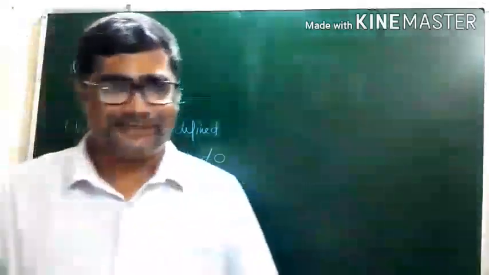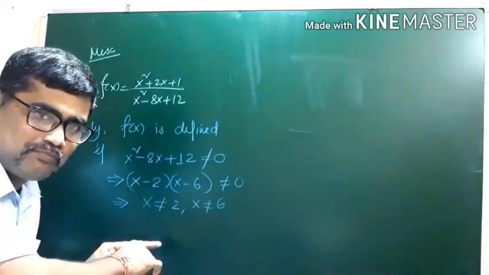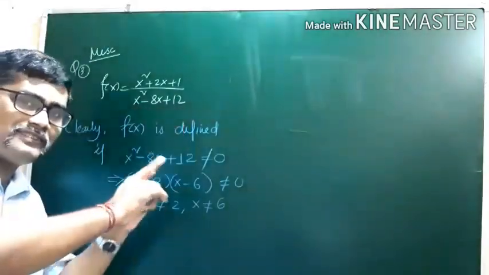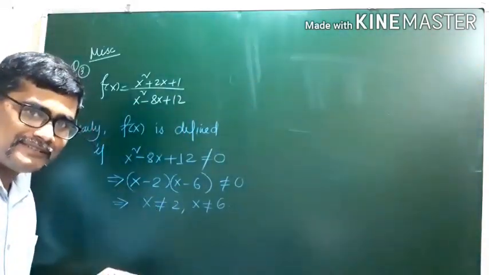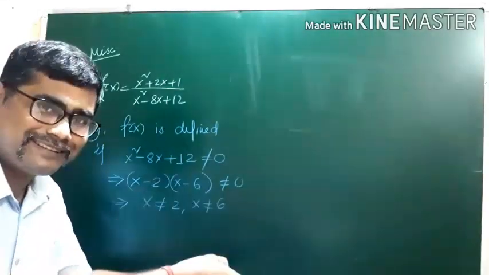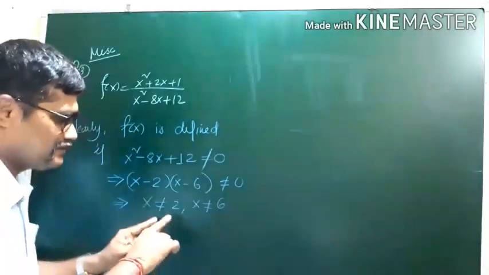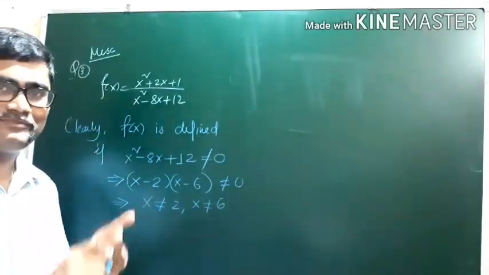What did you observe? This function is not defined, means the function will not have any finite value, if x equal to 2 or x equal to 6. It will have a finite value defined if these are not happening.